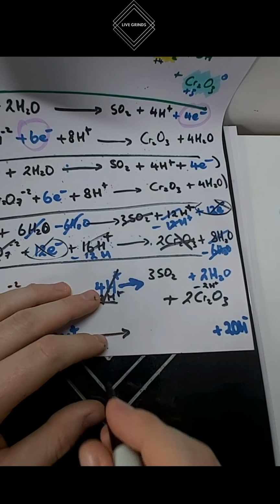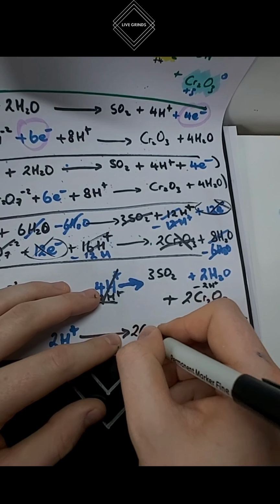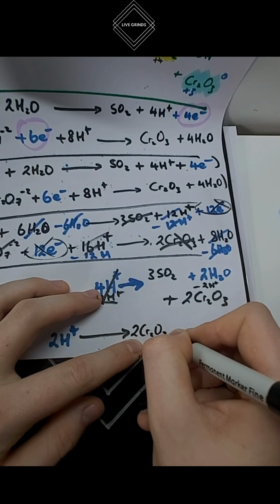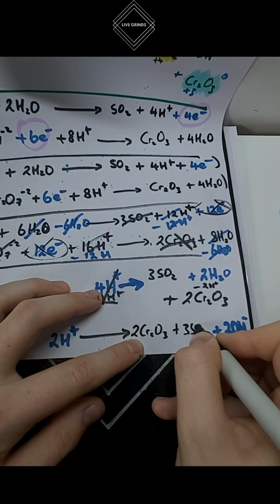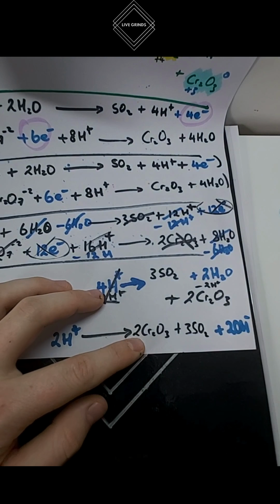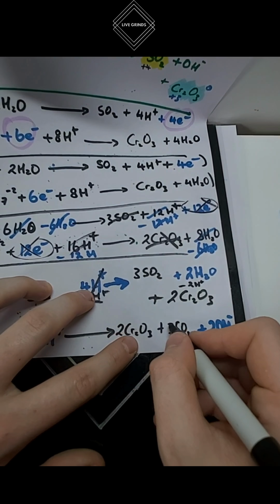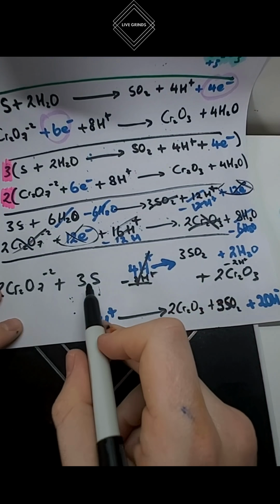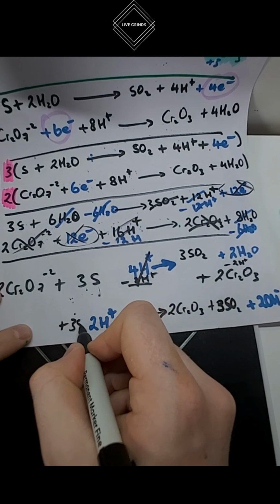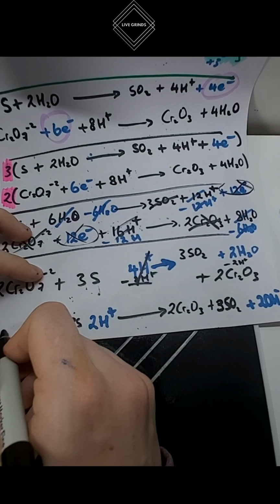We're still left with this chromium stuff. 3 sulfur dioxides on the right hand side. I'll be left with 3 sulfurs on the left, 2 chromium things on the left.